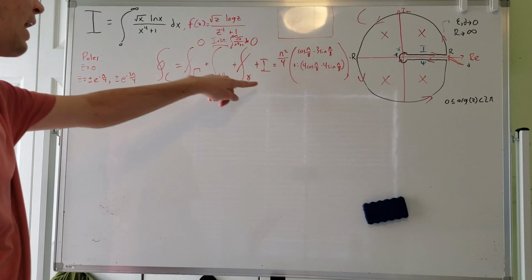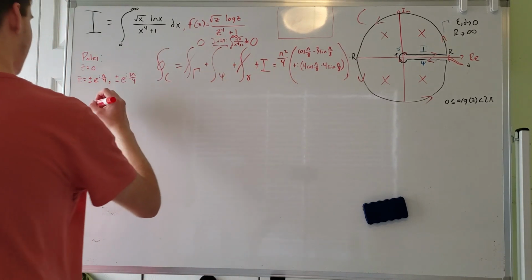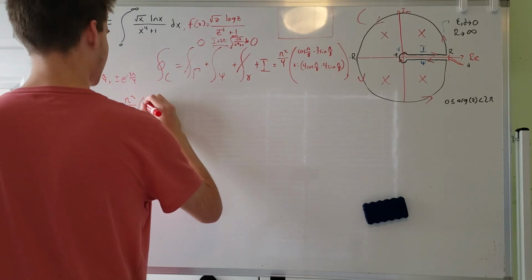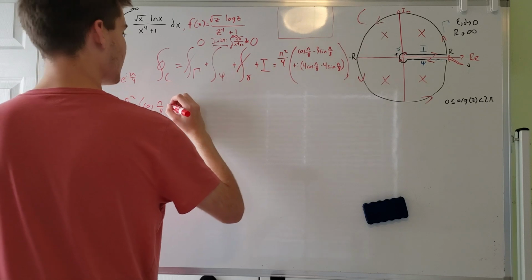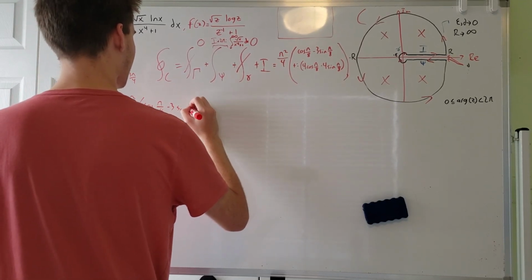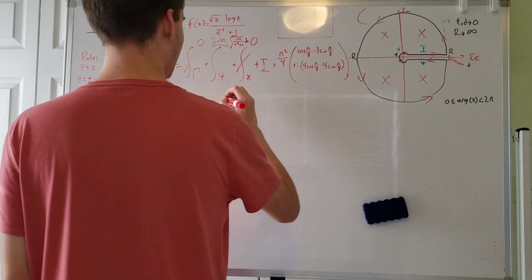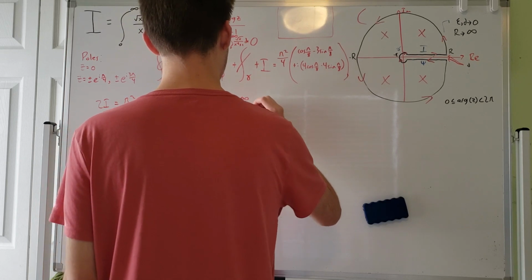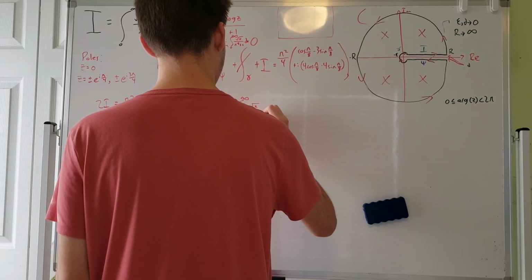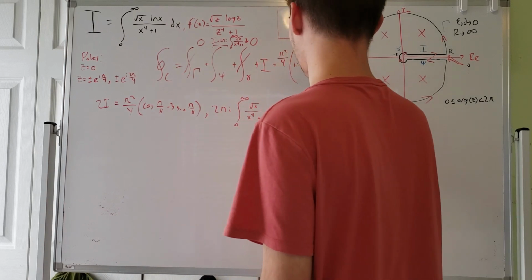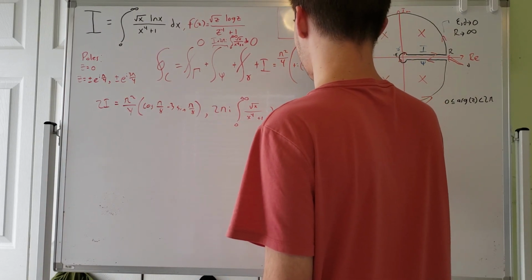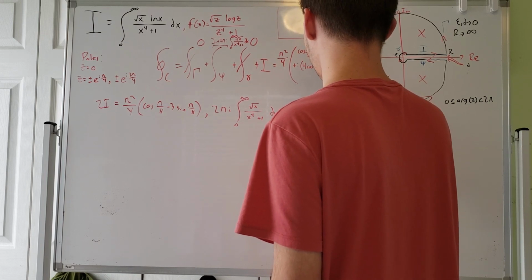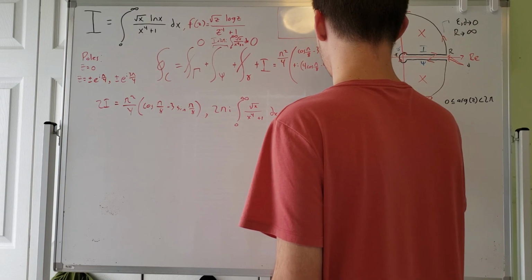So we have a 2i on this side, so that means 2i must be equal to pi squared over 4 times cosine pi over 8 minus 3 sine pi over 8, and also we have that 2 pi i times the integral from 0 to infinity of root x over x to the fourth plus 1 dx must be equal to, these 4's are all going to cancel out, so we're just going to get pi squared times cosine pi over 8 minus sine pi over 8.